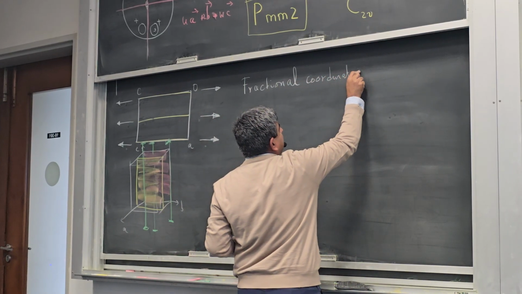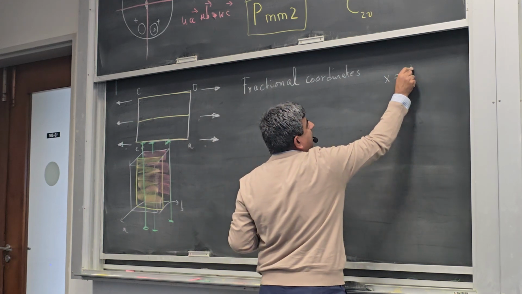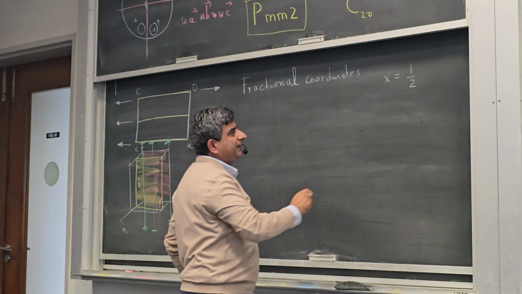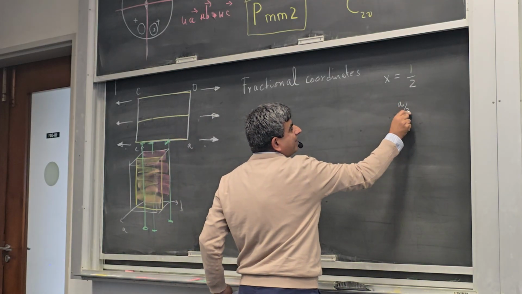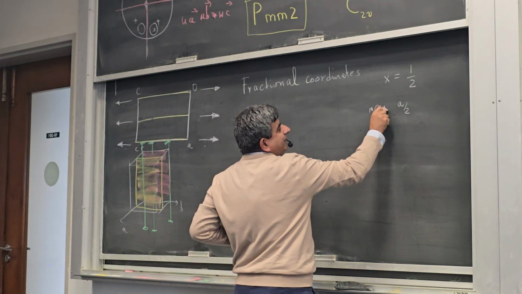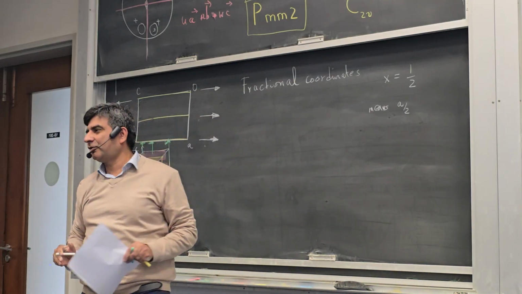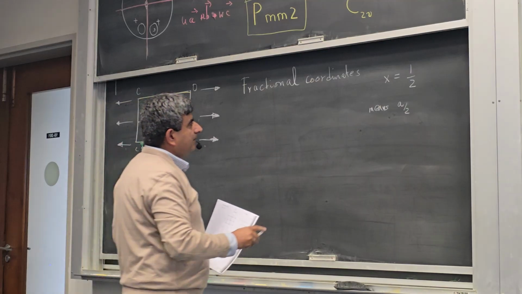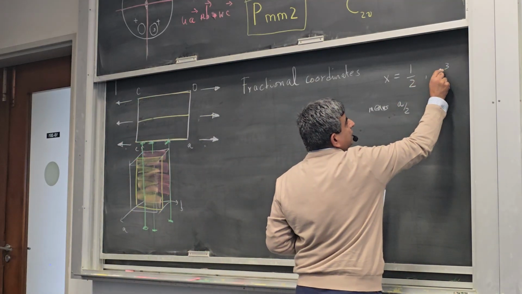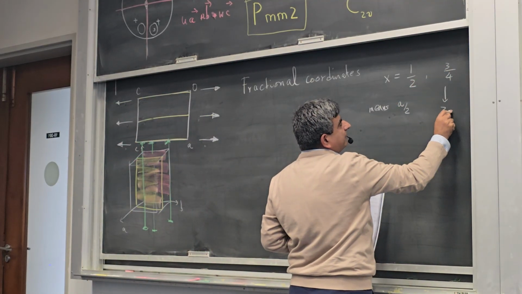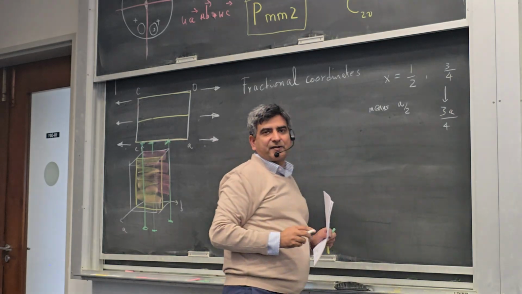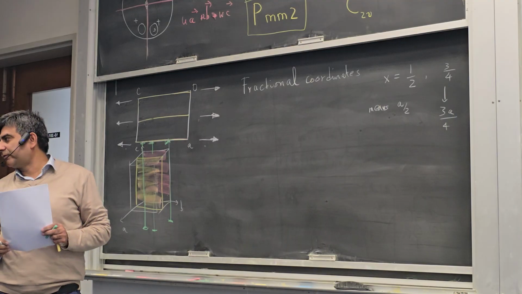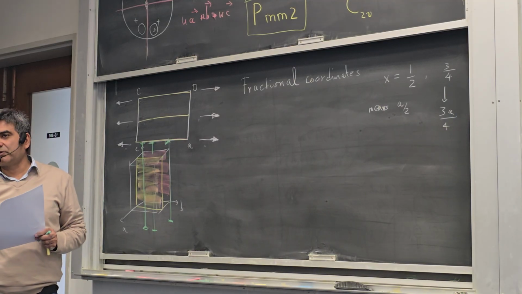For example, x equals 1/2 really means a over 2. a is the length along the a-axis. x equals 3/4 means 3a/4. So everything is referred to with respect to the edge length of the unit cell. That's what fractional coordinates are about.